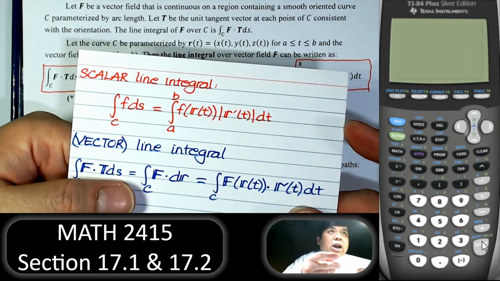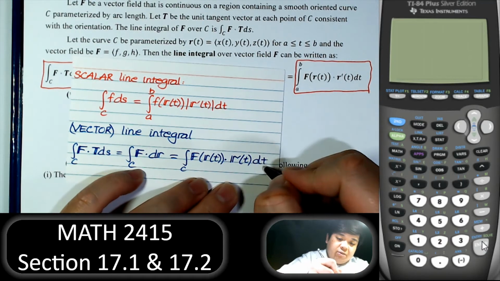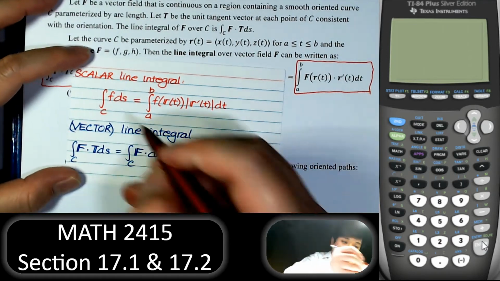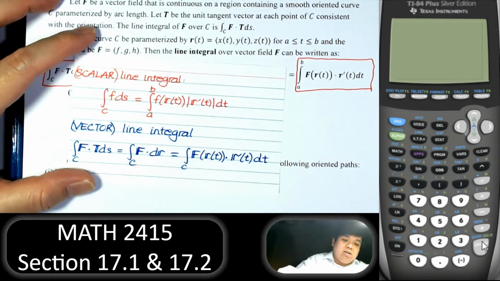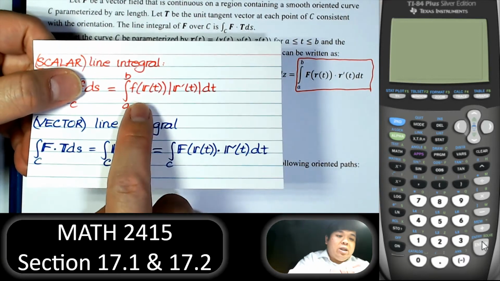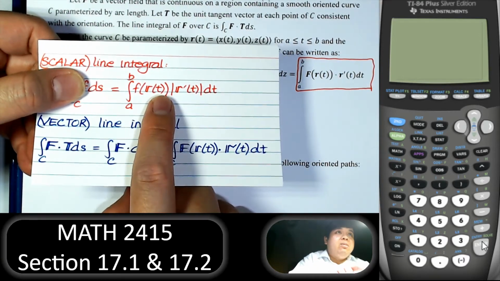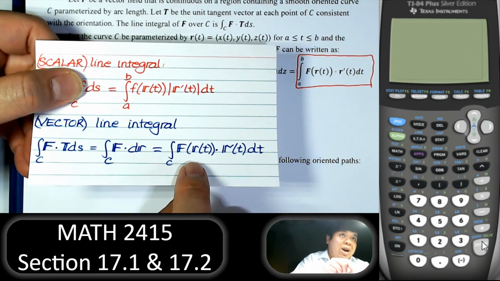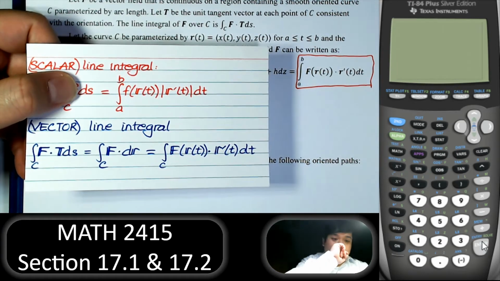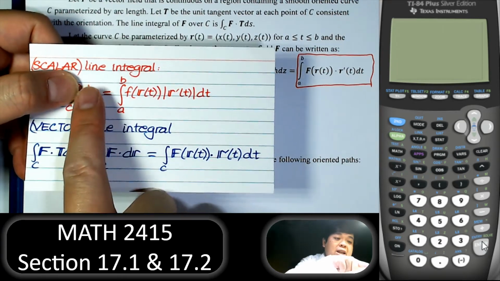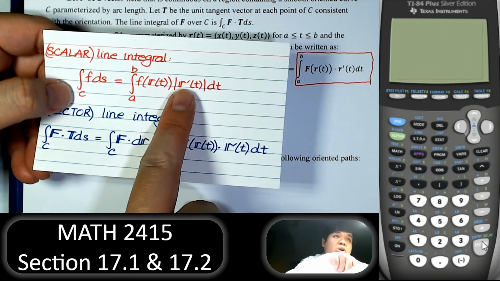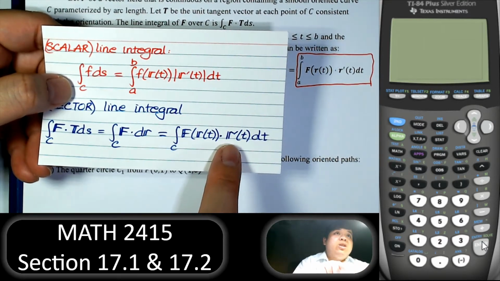So now you can compare the scalar version and the vector version. Always, if we have the function, write that in terms of t. If we have the vector field, write that in terms of t. So those are the same. This is the scalar, so we're going to need the magnitude. This is the vector form, so we just need the vector.